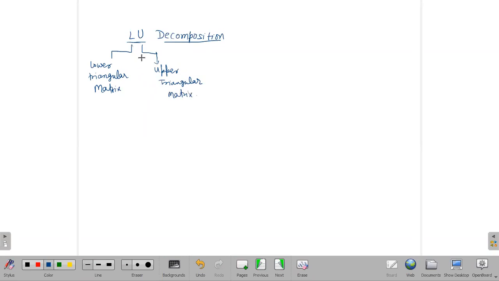Here LU decomposition means, because we are solving a system of linear equations only, so we are finding x here. So you take your A, don't take the augmented matrix now, you just take the A matrix. Now you have to factorize this, because another name is LU factorization or LU decomposition.